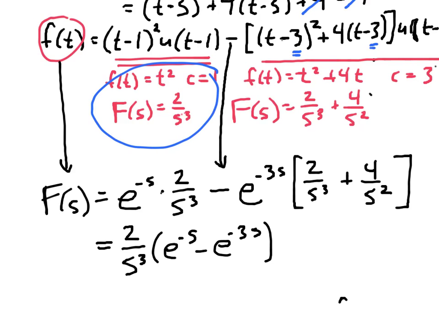And then we can distribute that e to the minus 3s into the other part, so then we have minus 4 over s squared e to the minus 3s. So that would be another way to write our transform. But that shows how to get the transform in a situation where we need to make a translation of our function that matches our step function.